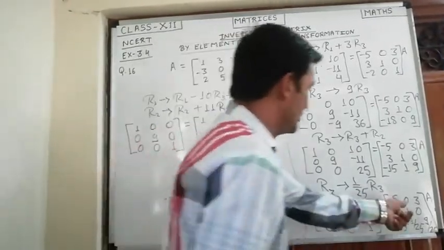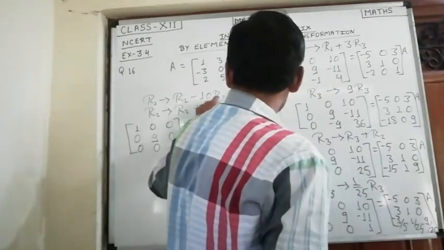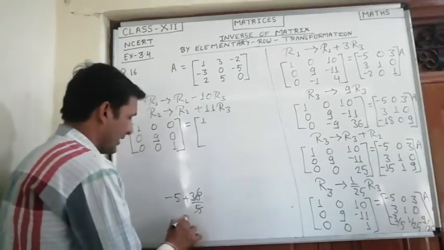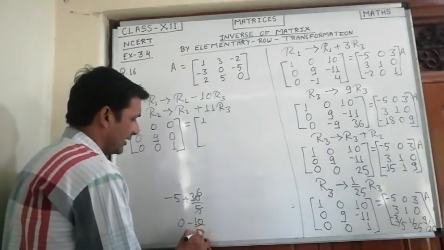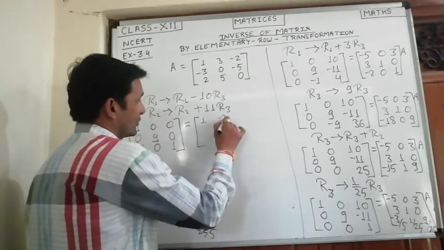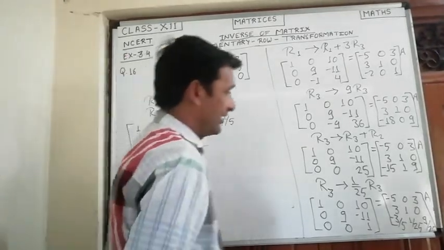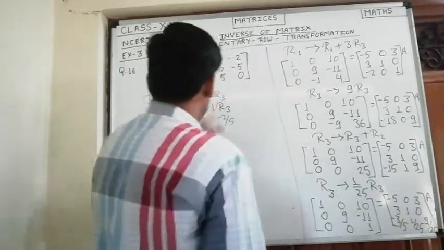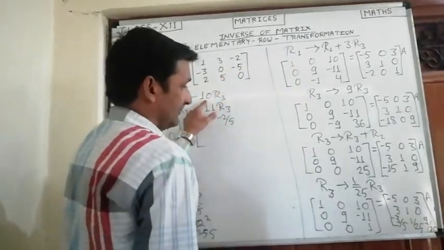Now 0 minus 10 R3 means 0 minus 10 upon 25. So 0 minus 10 upon 25, it will be 2 upon 5, minus 2 upon 5. So here it is minus 2 upon 5. What will happen here? 3 minus 90 upon 25, because 10 is there.